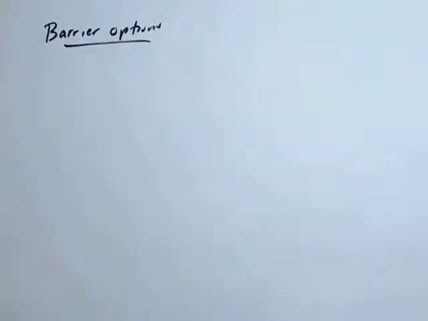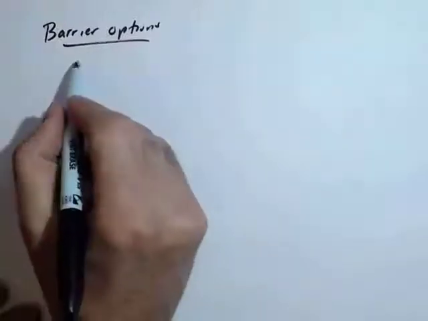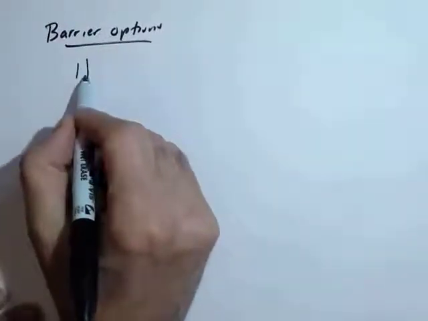Barrier options are options that cease to exist. In other words, they die, or what's commonly called knocked out. Or they can come to life, which is often called knocked in, when the underlying touches or breaches a pre-specified barrier, and that barrier is often labeled H.